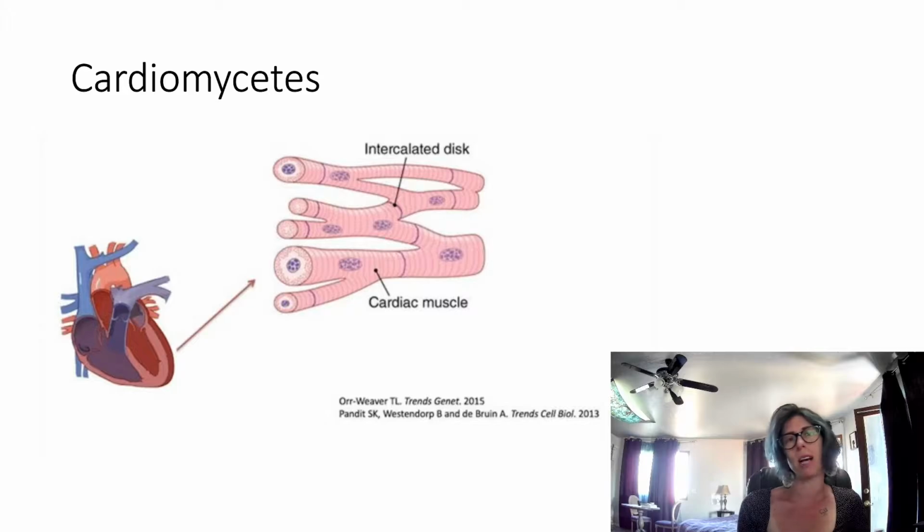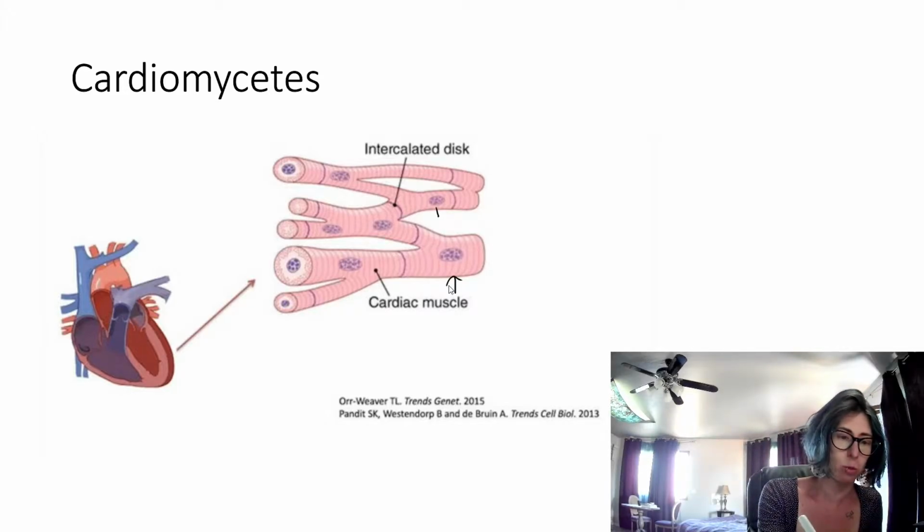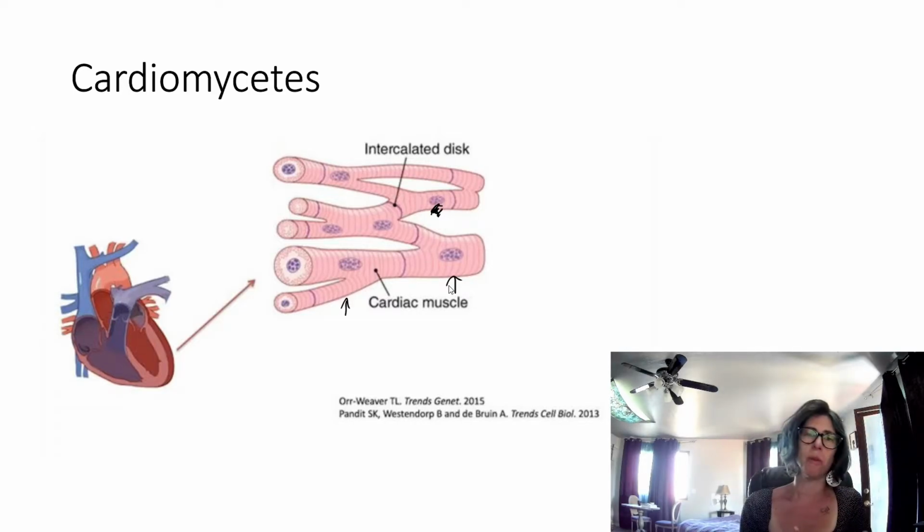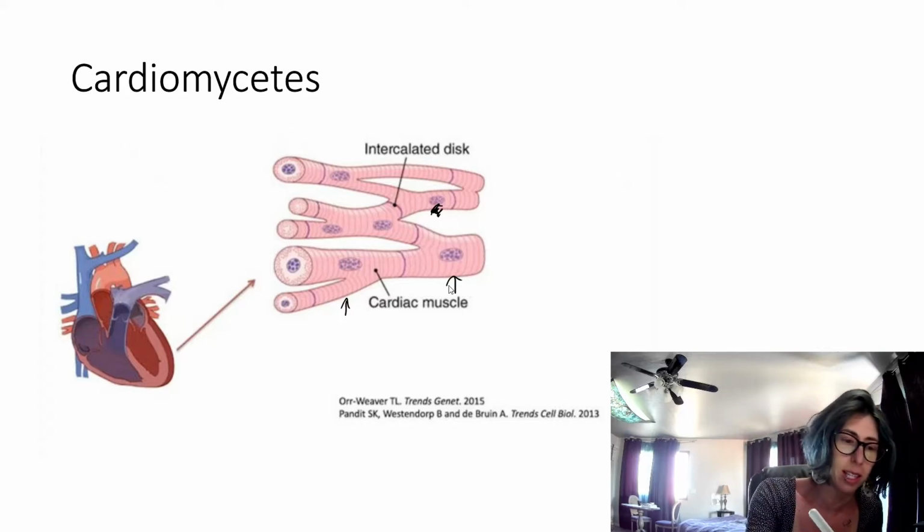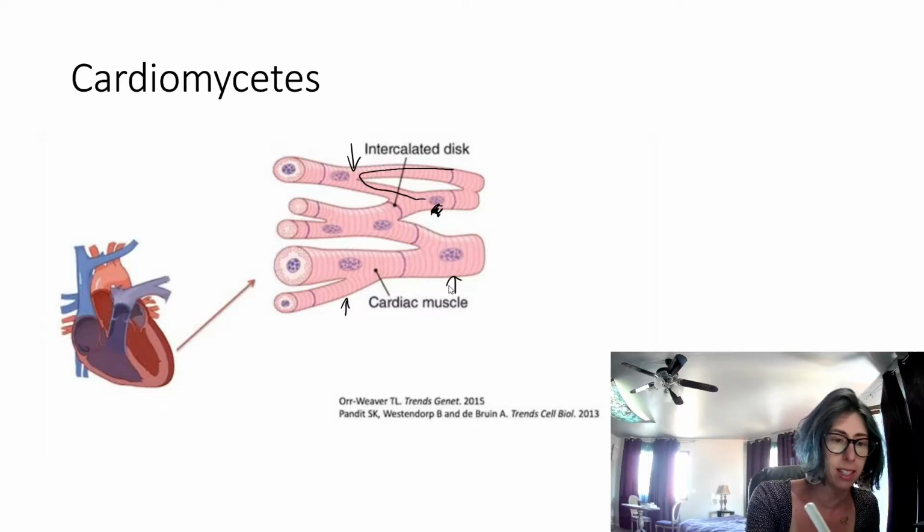Most cardiomyocytes have only one nucleus, and that's shown by some of these here. Humans have mostly single-nucleus cardiomyocytes, but about a third of our heart cells have more than one nucleus. You can see that here. This is actually one cell. You can see this is all one cell.